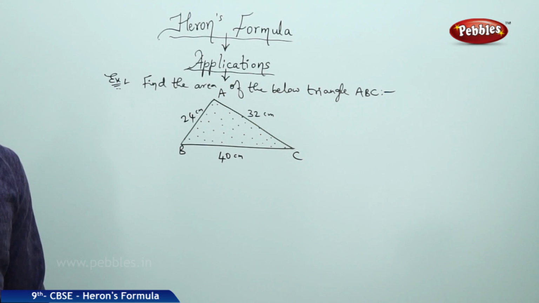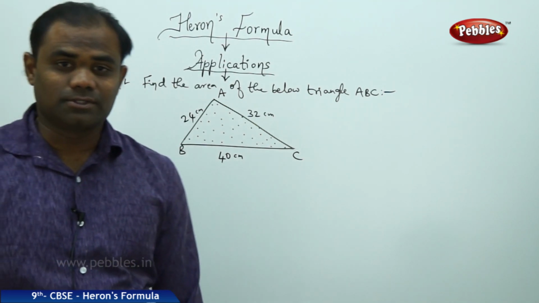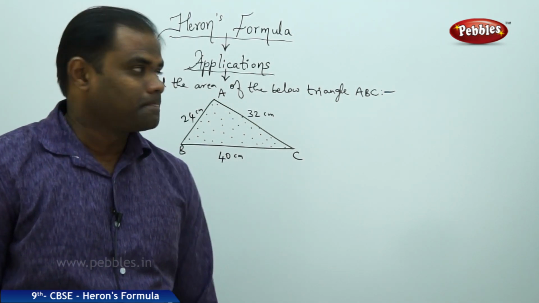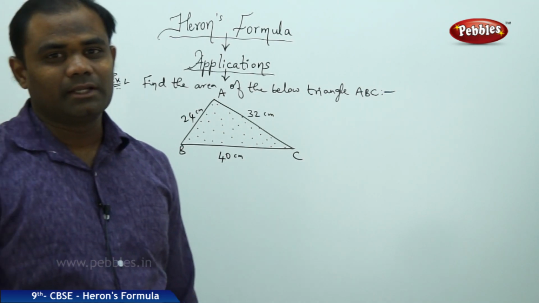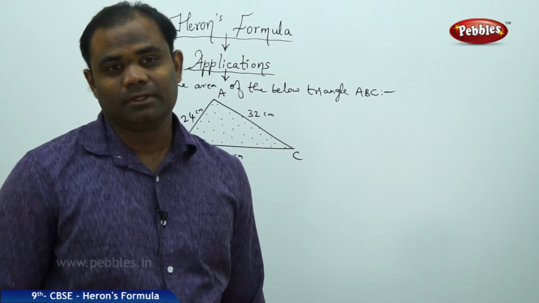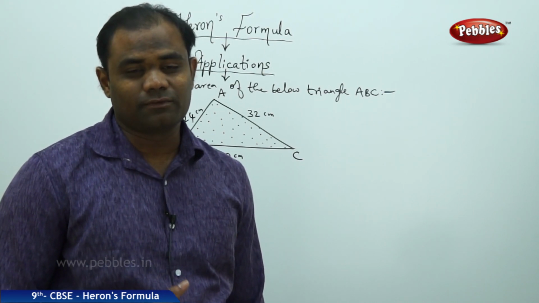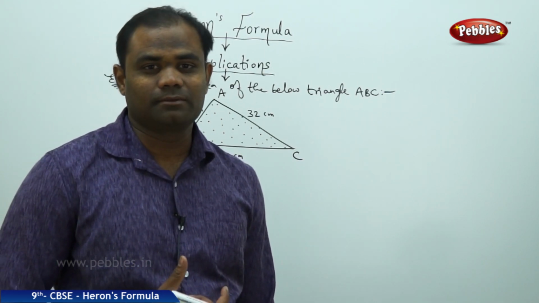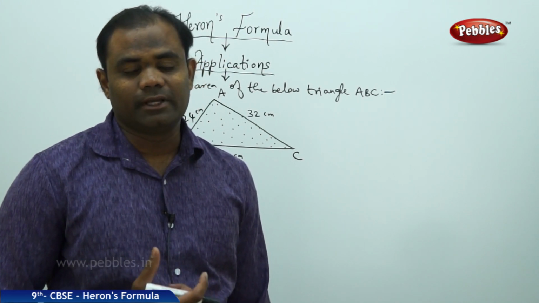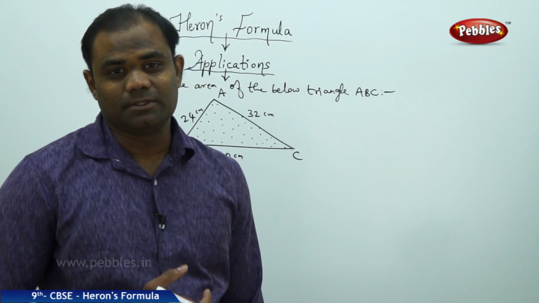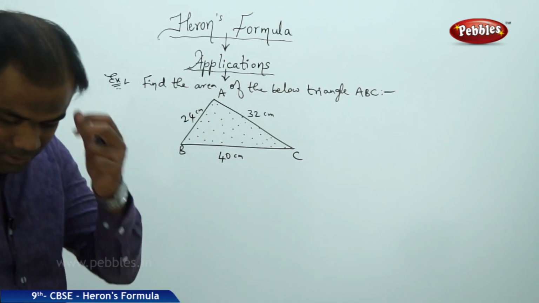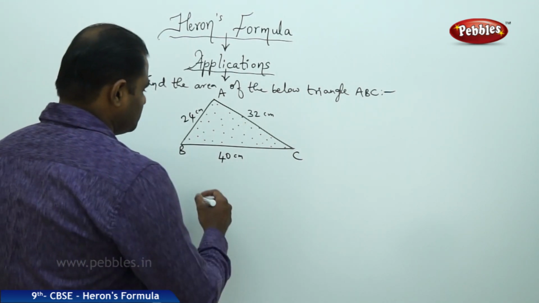So let's see how we can find the area using HERON'S formula. We know that HERON'S formula needs the semi-perimeter, which we need to find. So let's first see what the values of A, B and C are from the triangle, and then find the area using those values. So the first thing is to identify the values of A, B, C.